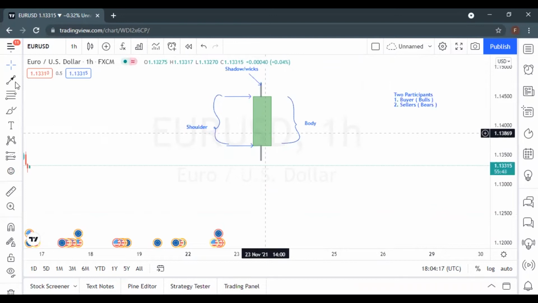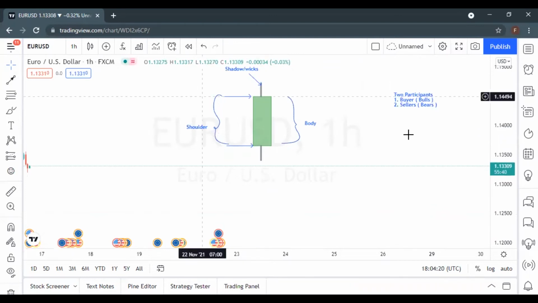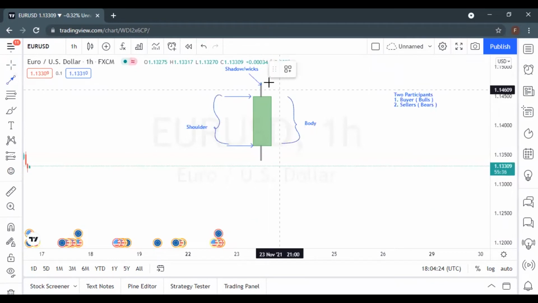Before I start to explain how these are formed, I want to mention that we have the opening and closing price.